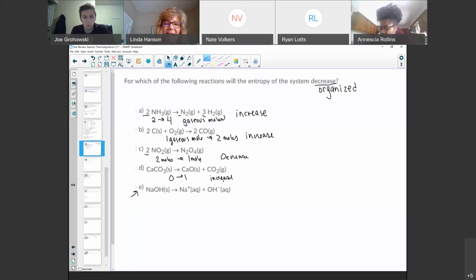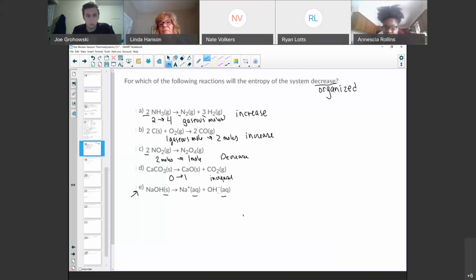And letter E is kind of an interesting example. I don't have any gases, so I can't really rely on my trick of gaseous moles. I have solid sodium hydroxide forming its aqueous ions in solution. So it's kind of just a dissolving process, isn't it?